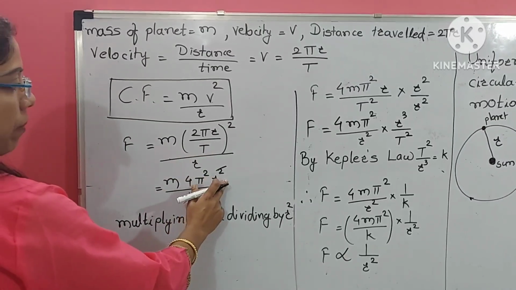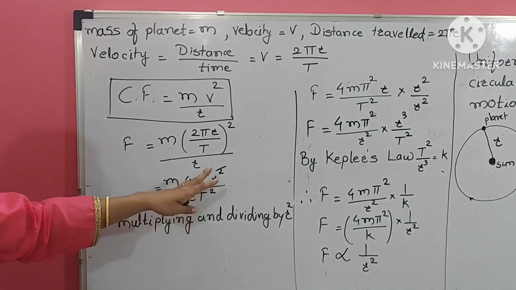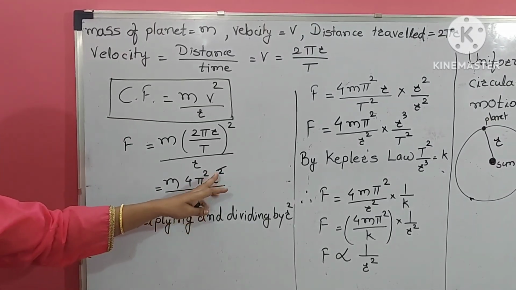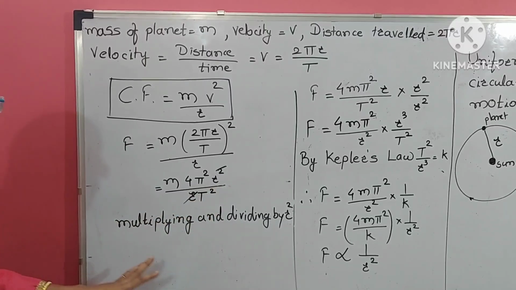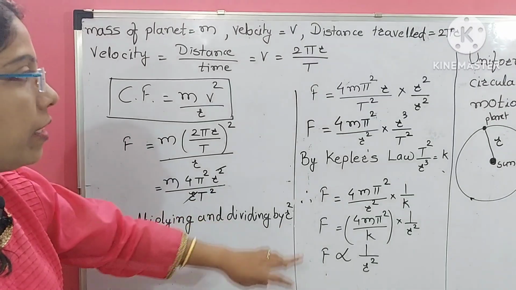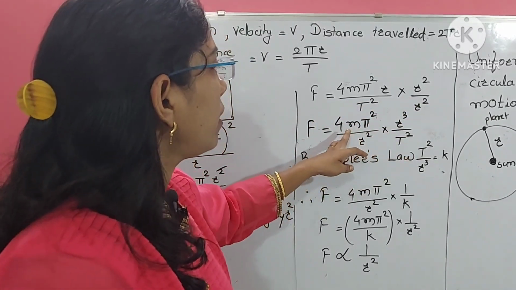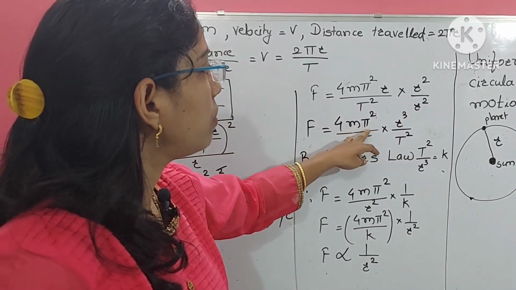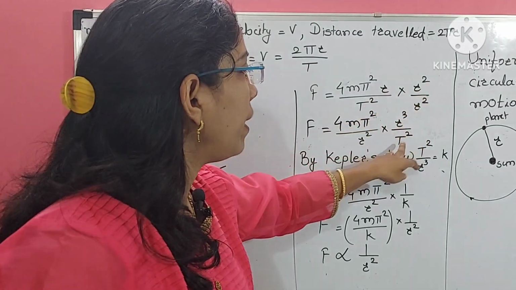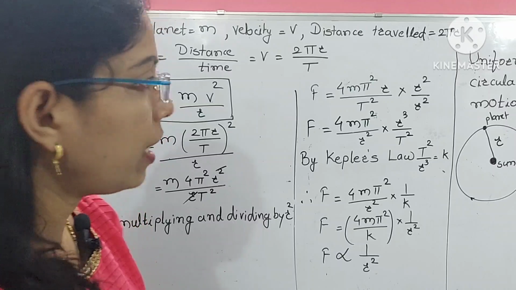Here r square has two r's, so one r from the square and one r from the denominator get cancelled, and one r remains. At this stage we write the next step by multiplying and dividing by r square. Then we get 4, m, pi square as it is, r cube by T square written separately, and r square below in the denominator.